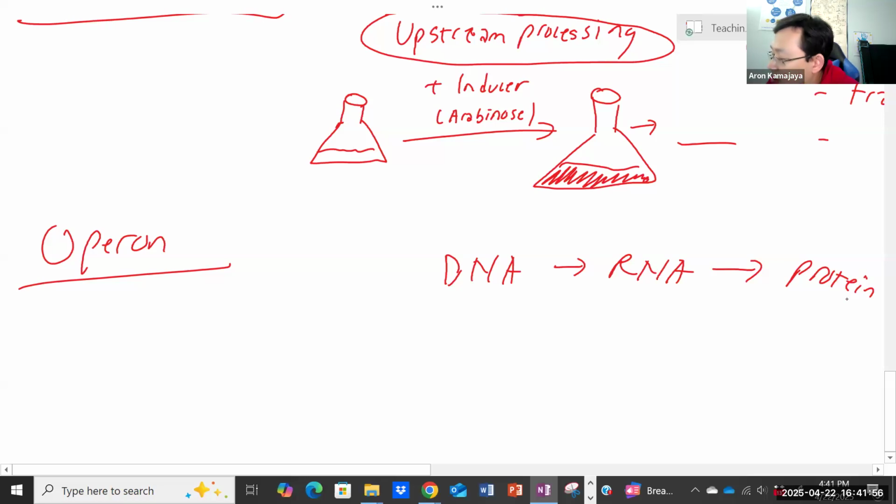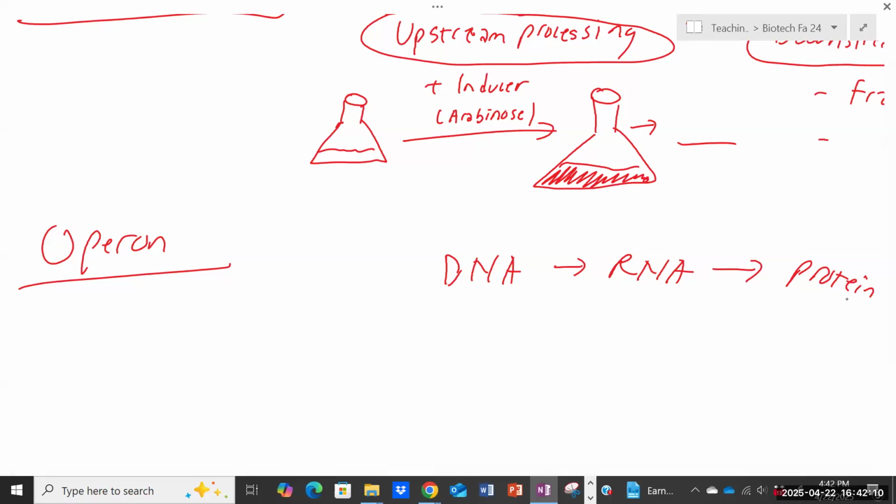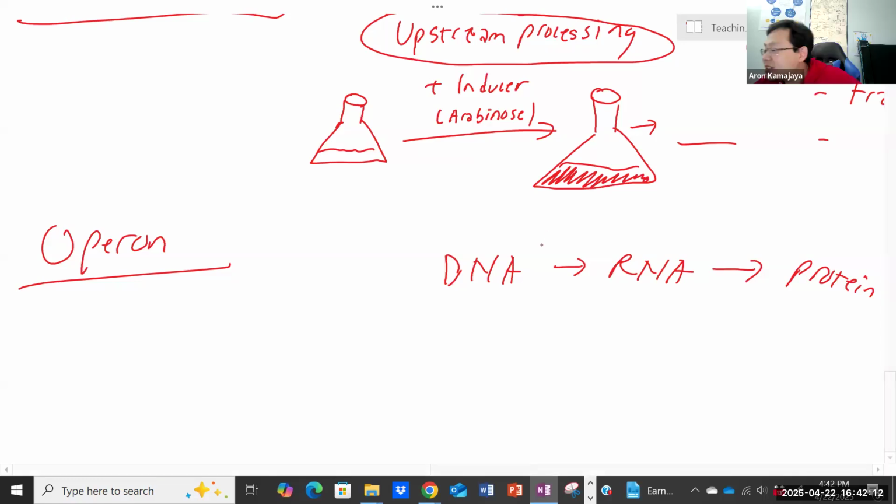So the process of making RNA from DNA is called, does anybody know? What do we call the process of producing RNA from DNA? Transcription? That's right, it's called transcription.